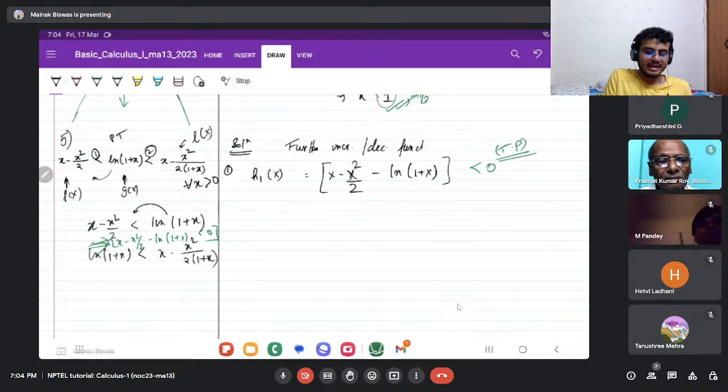Let's consider h1 of 0. At 0, what is the value of h1 of x? 0 minus 0 minus 0. Agreed?